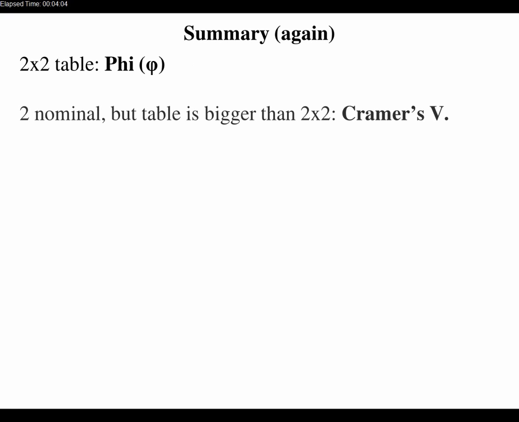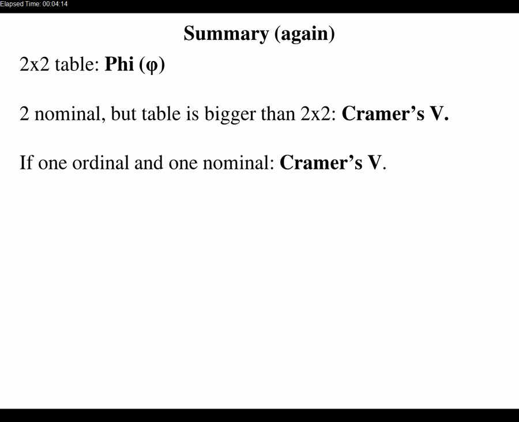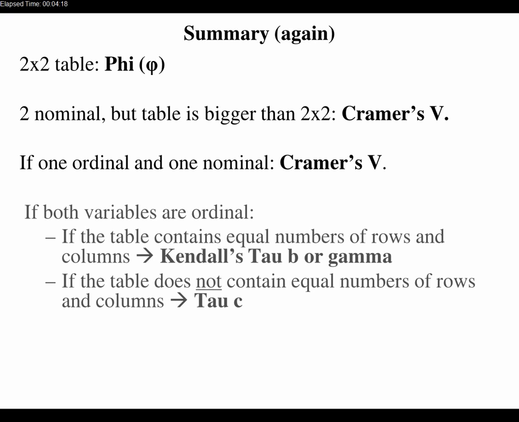So again, another summary. For a 2 by 2 table, we're going to use phi, 2 nominal variables, but if the table is bigger than 2 by 2, we're going to use Cramer's V. If one is ordinal and one is nominal, we're going to use Cramer's V. If both variables are ordinal, if the table contains equal numbers of rows and columns, we're going to use Kendall's tau b or gamma.